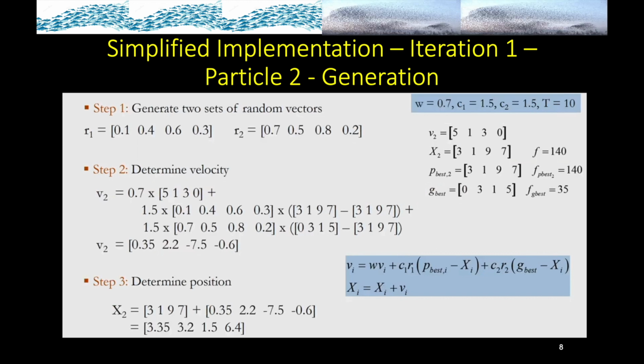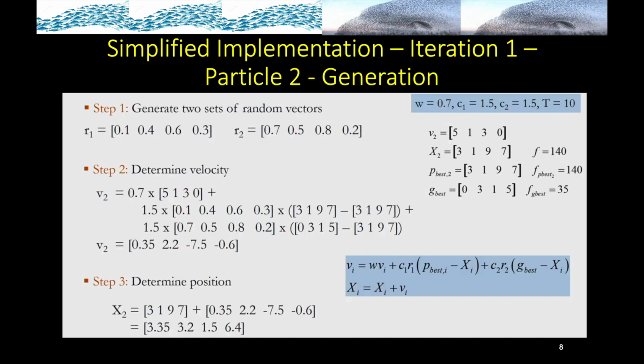So now we are still in iteration 1, but this is doing the run for particle 2. We generate two sets of random vectors, r1 and r2, again with values between 0 and 1 for both. The vectors are of size 1 cross 4, since there are 4 variables. We then determine the new velocity, basically by multiplying the inertia values with the previous velocity vector, and using the different variables and values of parameters to generate the v2 value.